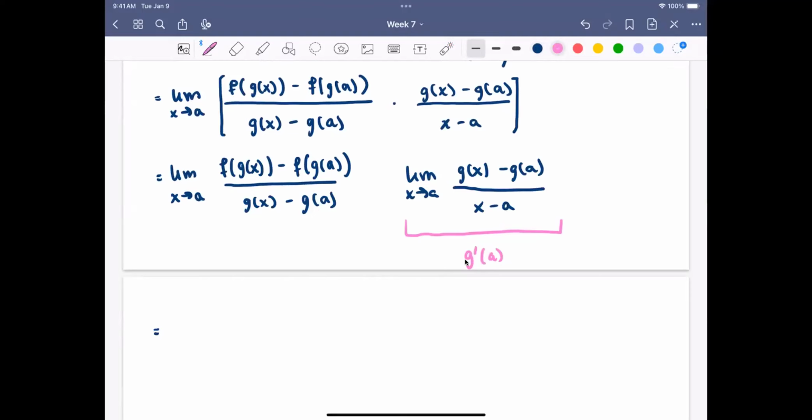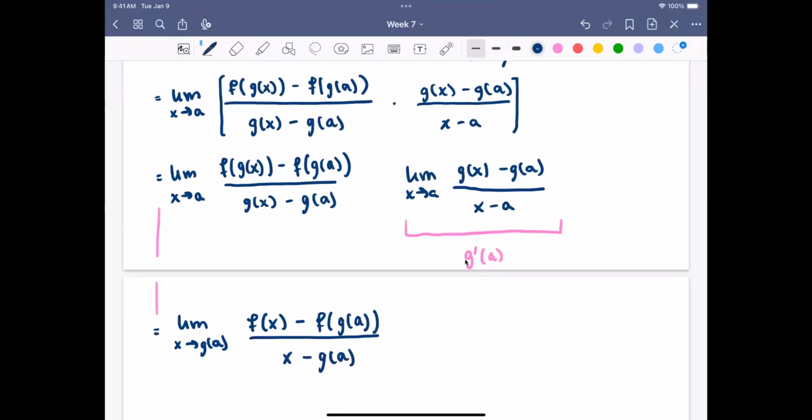So my claim is, I'll just write it first and then we can justify it. So this is going to be the limit as x approaches g of a of f of x minus f of g of a divided by x minus g of a.